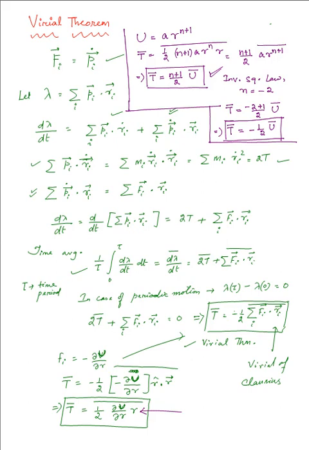And these are obviously the cases to be considered for the conservative force, else we won't have the derivative of the potential energy equal to the force. So overall, this theorem is very important to us in terms of understanding the concept behind the relation between the kinetic and potential energy terms.